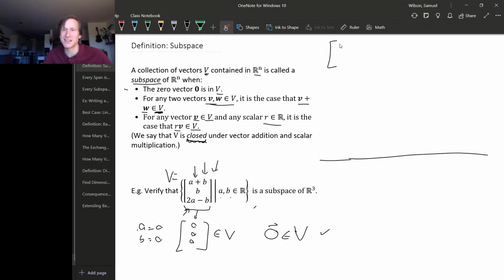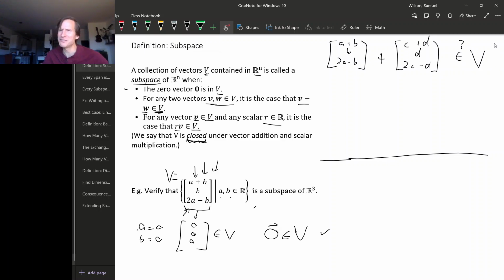So one vector in this collection is A plus B, B, 2A minus B. Another vector in this collection is the same formula, but it isn't necessarily the same values for A and B, so we have to use different variables with the same formula. Instead of A and B, let's use C and D. So C plus D, D, and 2C minus D. Now the question is, if we add these, is the sum in capital V?